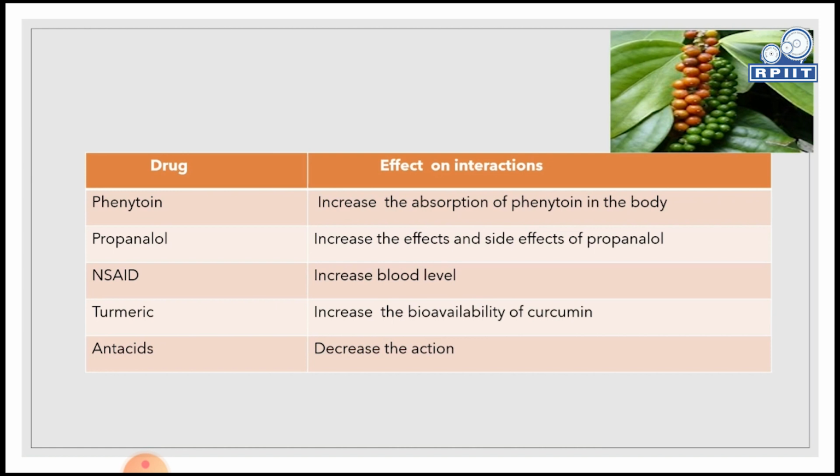If we take black pepper with turmeric, it increases the bioavailability of curcumin. If it is taken with antacids, which are proton pump inhibitors, it decreases the action of antacids. And it increases the side effects of propranolol, which is used for the cardiovascular system.